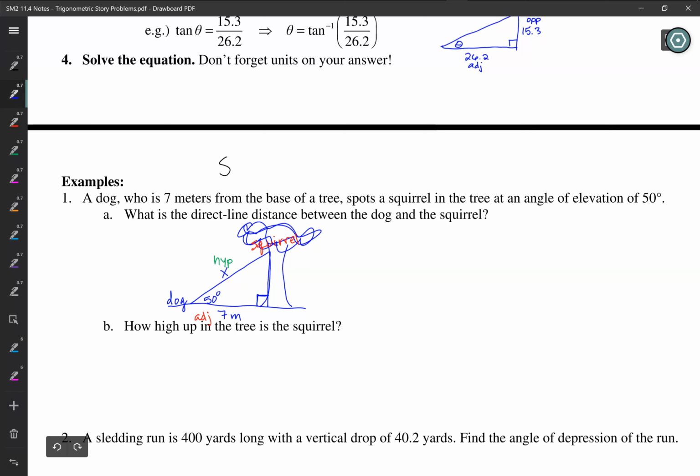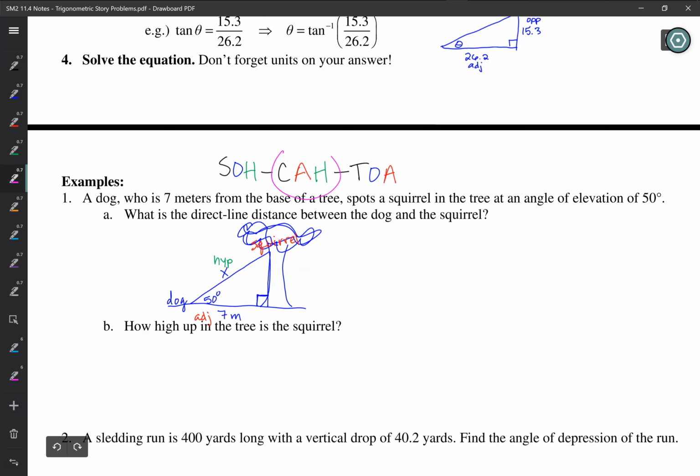Well, think about what we should always keep in mind when doing trigonometry. SOHCAHTOA. I've got adjacent and I want hypotenuse.